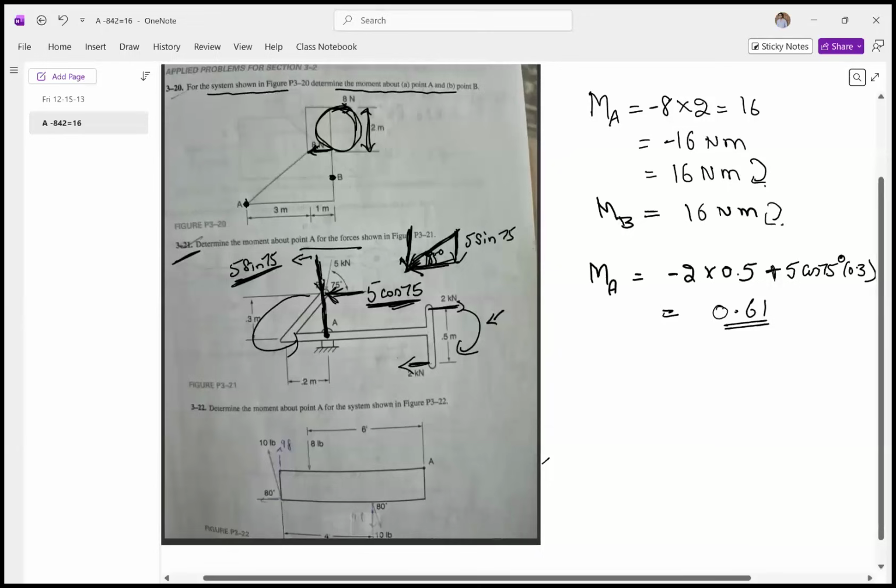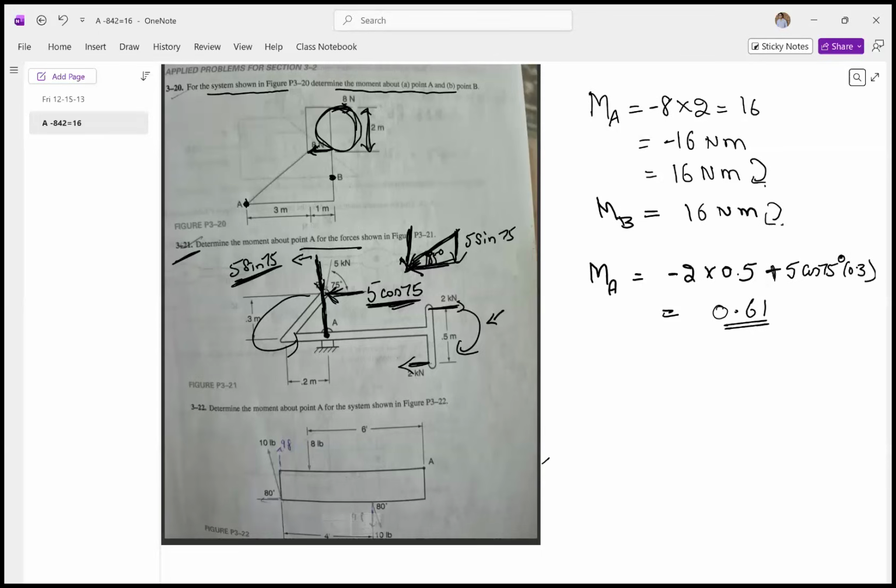All right, let me just quickly verify this value also. My calculator is not working very well because it's solar and it's dark here.